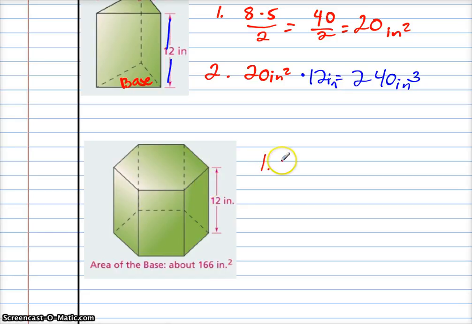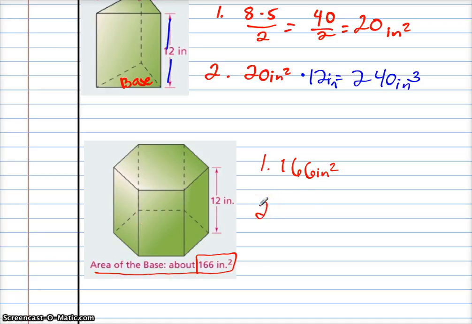I don't know how to calculate it, but it tells me right here. Area of a base is about 166 inches squared. So I'm going to use that data, 166 inches squared. That's my base. Done. I don't have to calculate it. It's given to me. You should learn in high school geometry how to find these items. We're not learning that in 7th grade.